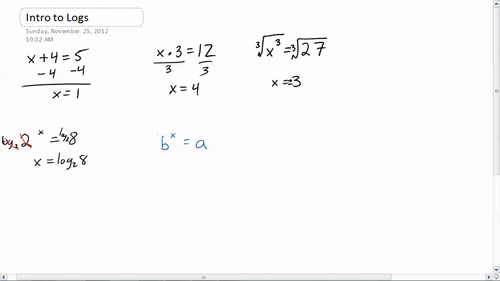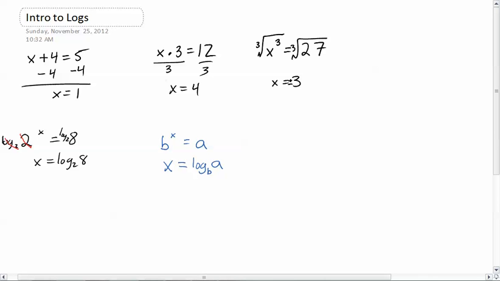You'll notice that the x, which was the exponent, is now the argument. The b, which was the base of the exponential, is now the base of the log. So log base b, and the number that was by itself over here is now the argument for the log. So log base b of a.